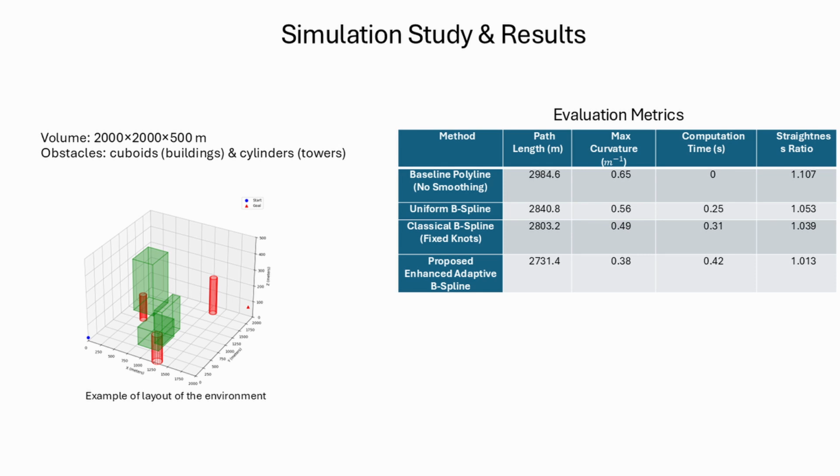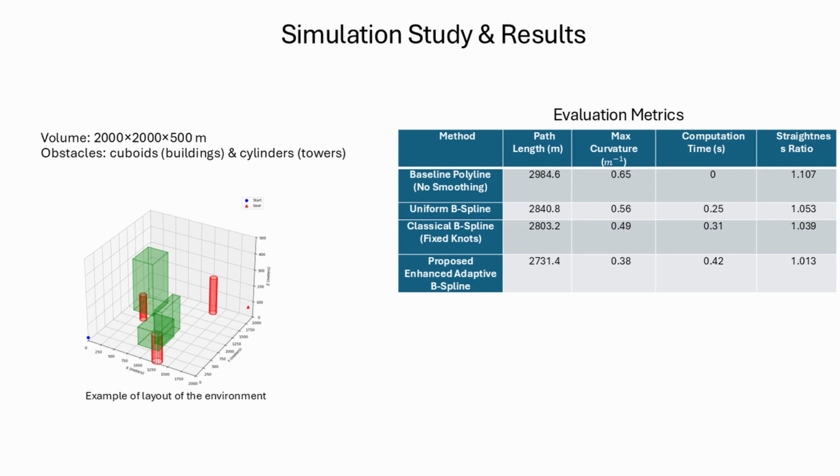As we can see, our approach consistently demonstrates a clear and substantial advantage across the most critical metrics. Our method has the highest computation time. It is the cost of running the genetic algorithm to find that optimal node placement. However, this is a very modest price to pay.